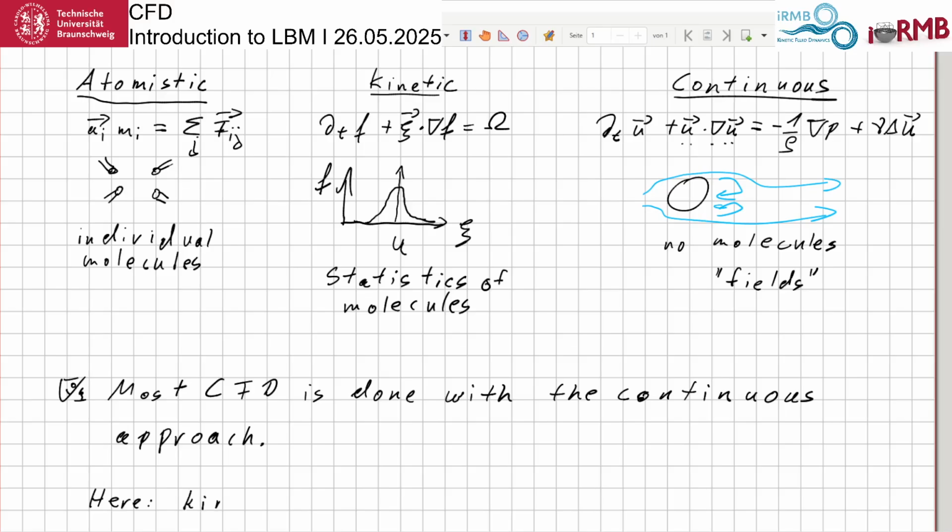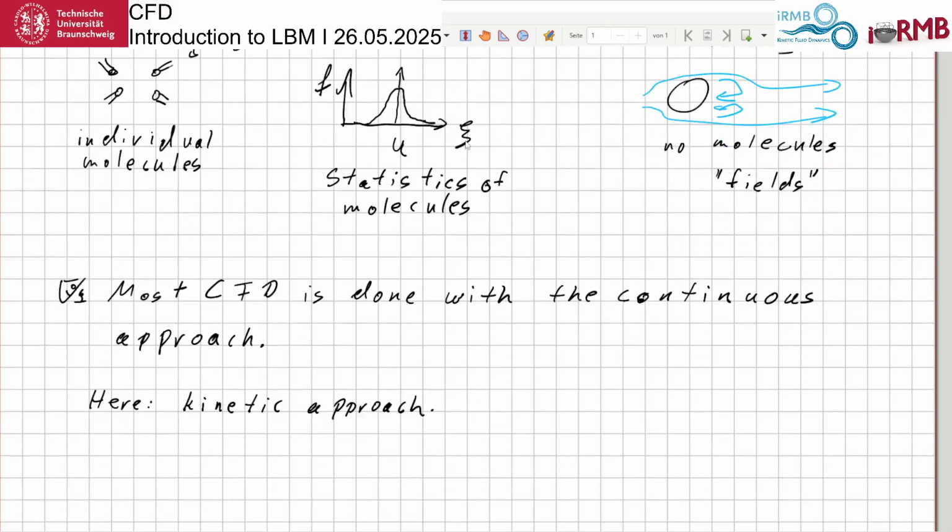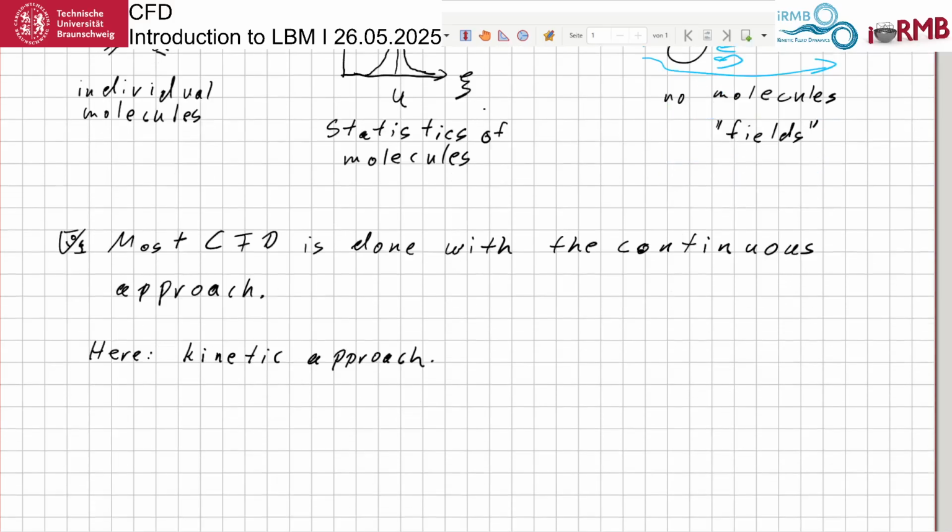We use the kinetic approach, and this is what we now try to understand. Let's say I call this kinetic fluid dynamics, KFD, if you will.